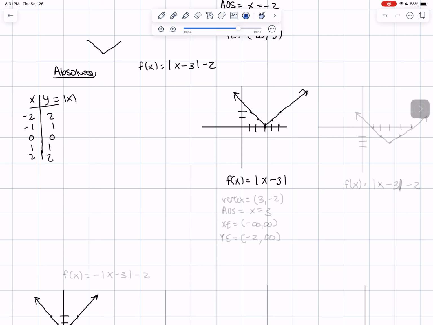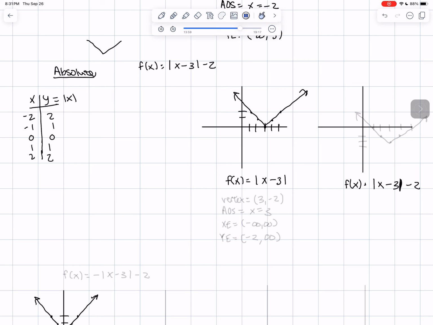And then the last transformation is we're going to go minus 2. So it means I just go down 2 from there.